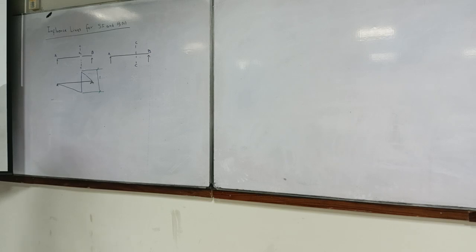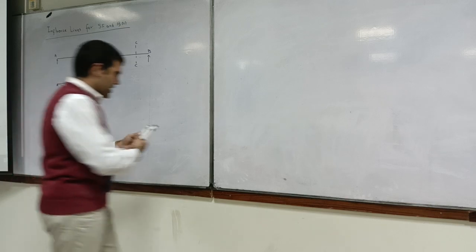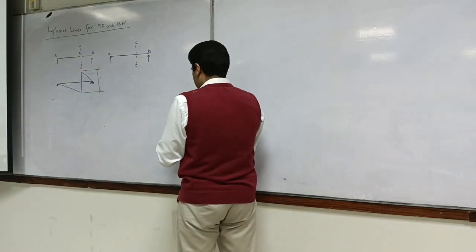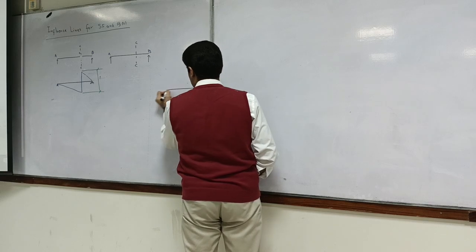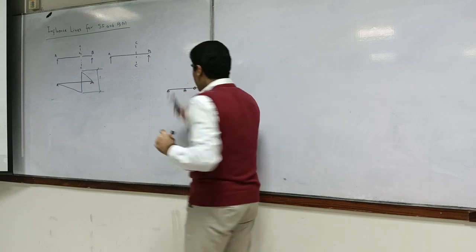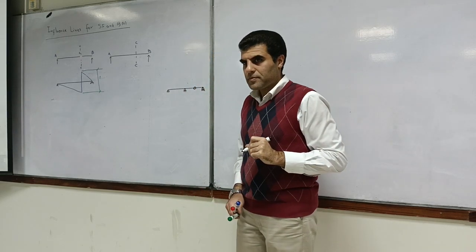What does that mean? If the moment is not released, then imagine, let me put it in another way, that I have got a beam and an internal hinge over here.